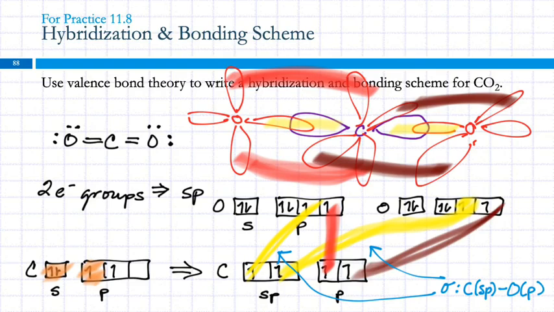And then these other bonds, those are going to be pi bonds between carbon and oxygen. And what orbitals are used? P orbitals on both, right?